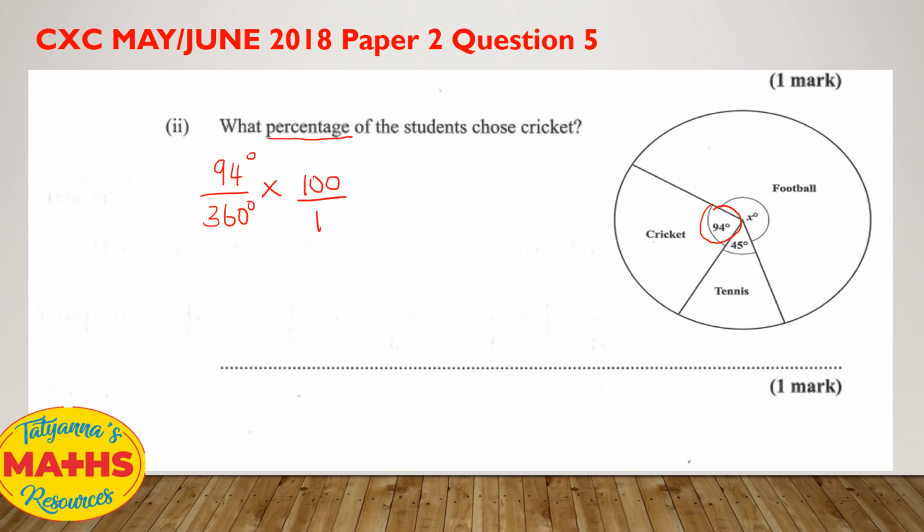Put that in your calculator: 94 divided by 360, equal sign, multiplied by 100. That is going to give us 26.1%.